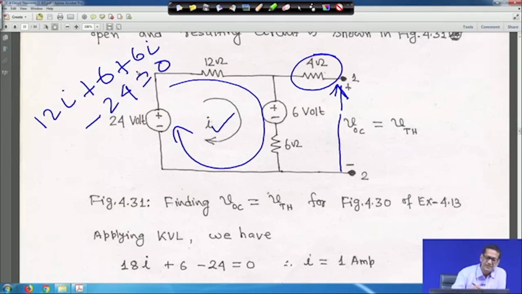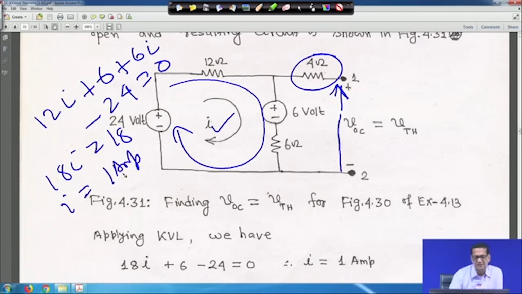That means 12 I plus 6 I, 18 I is equal to 18, therefore I is equal to 1 ampere.